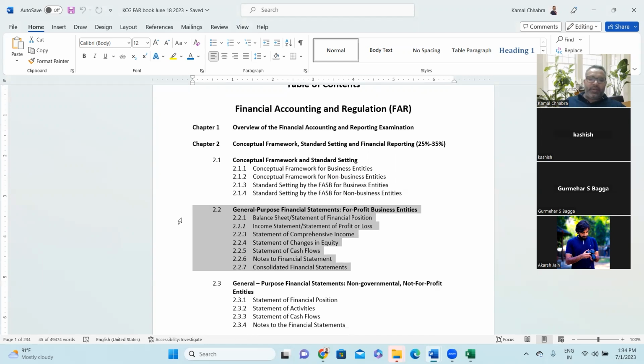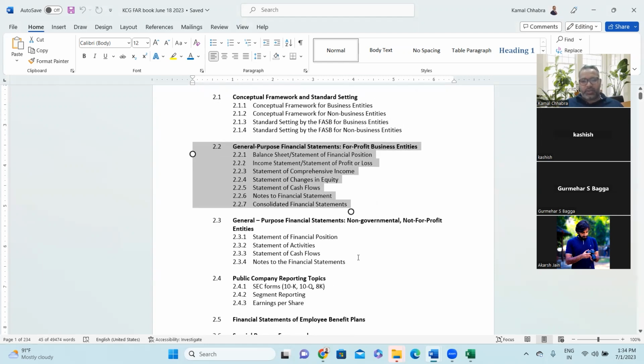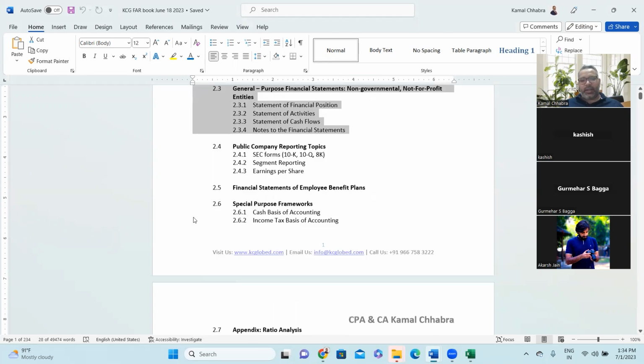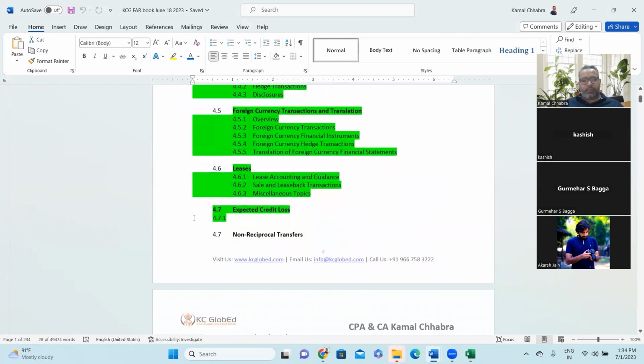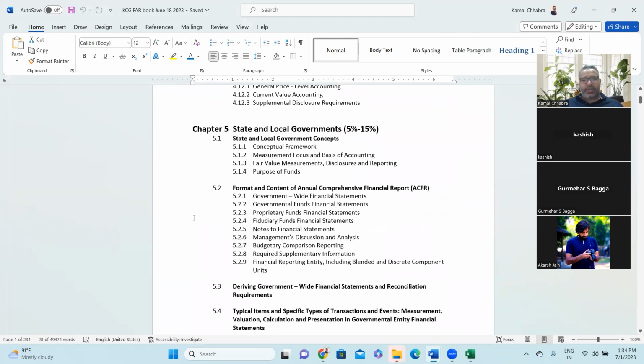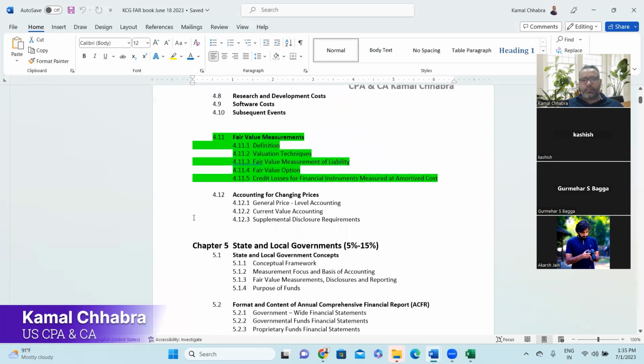Right. And then the third topic, which is not for profit entity. This and governmental accounting, which is your last chapter, fifth chapter, state and local government, are very much similar in terms of accounting. So we'll do these two together so that in one go we will finish off.